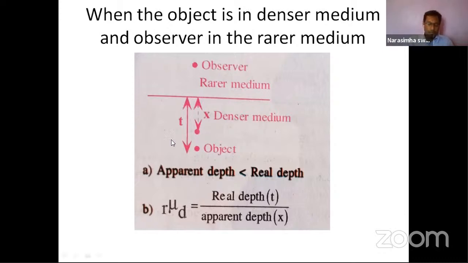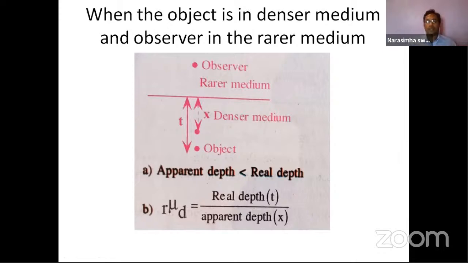Actually, the original depth is there, but due to the change in medium we cannot see the object at the same depth, because refraction takes place, meaning the angle of vision will be different. So apparent depth. The coin appears as if it is embossed, just moving up.